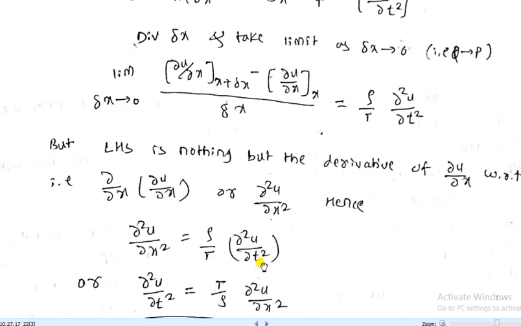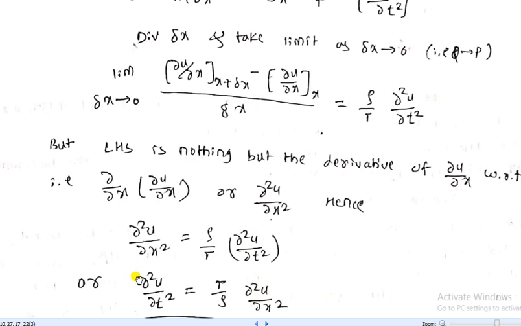Or you can interchange the terms: shifting rho divided by T to the other side, we get ∂²u by ∂t² equal to T divided by rho into ∂²u by ∂x².